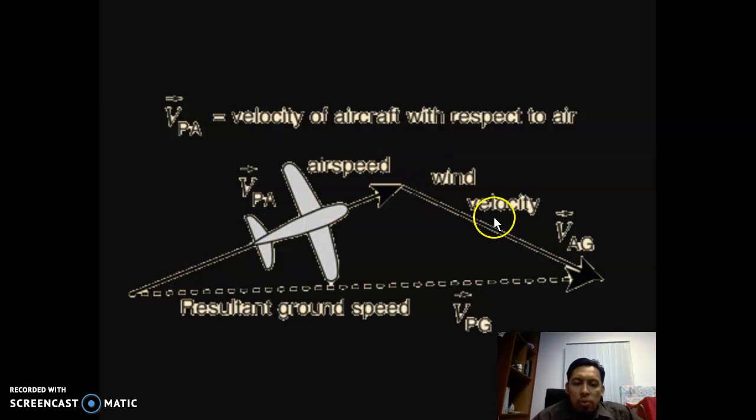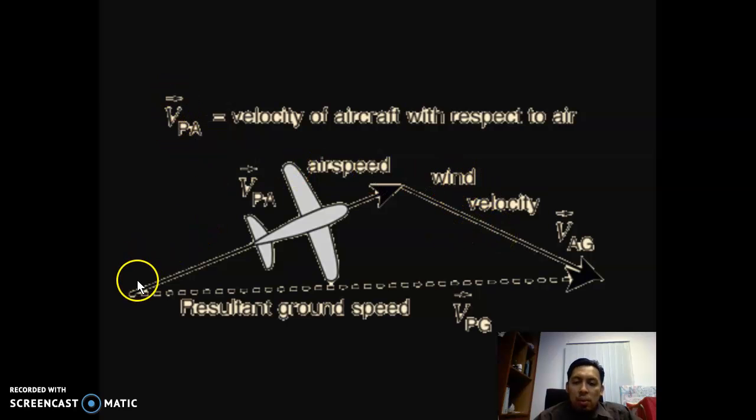If you sum these two, this is the airspeed of the plane with the wind velocity. We have an aeroplane moving this way and wind blowing this way. Where will the aeroplane's direction be? The aeroplane will not follow this route, because it has resistance from the wind.